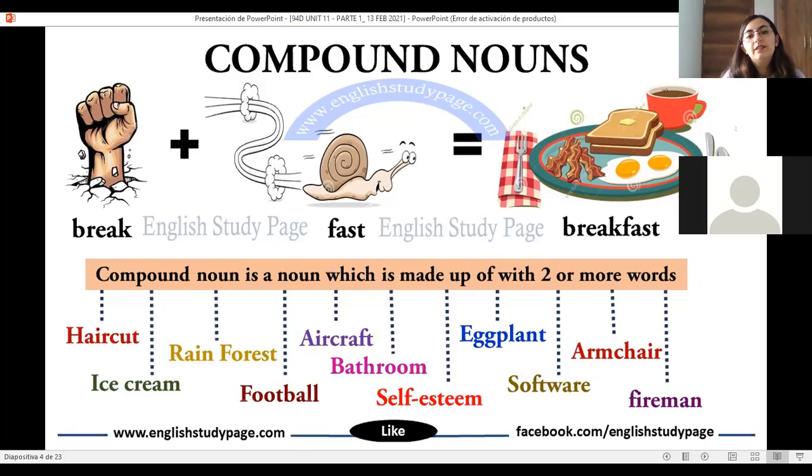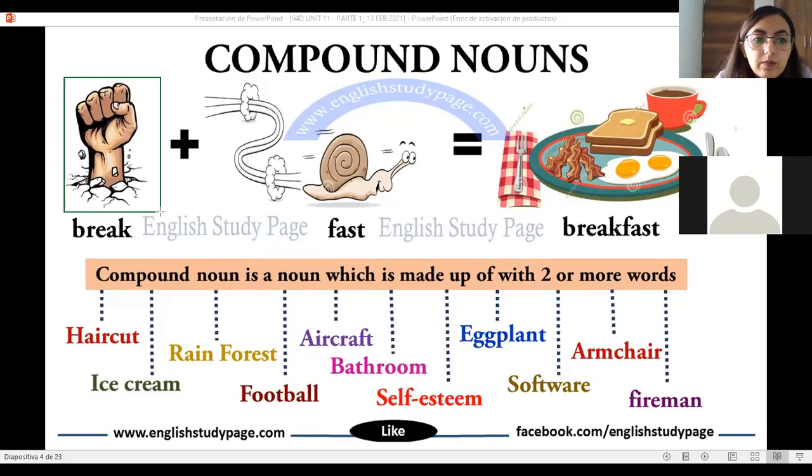Don't forget that these compound nouns are made up of two or more words. Sí, casi siempre están compuestos de dos o de tres palabras. For example, here we have the verb break in the example right here.